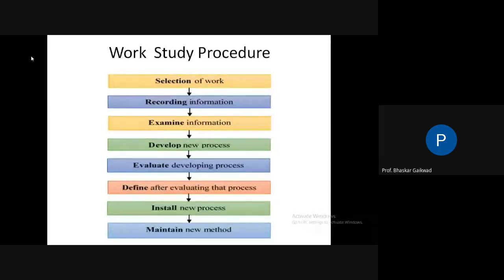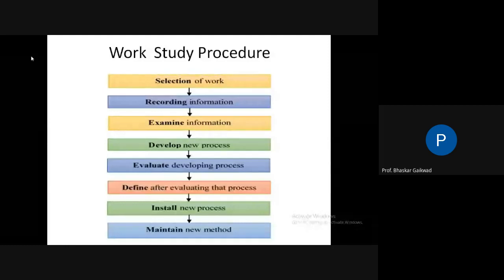Okay. So the first point is the selection of the work. Now we are ready to apply our work study in one of the industries. Then select the job where we have to apply the work study principle. For example, in our workshop, we are manufacturing the gear blank of a planetary gearbox using a CNC machine.